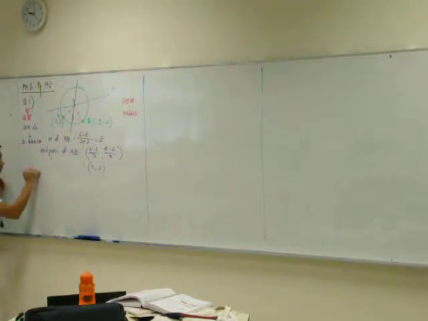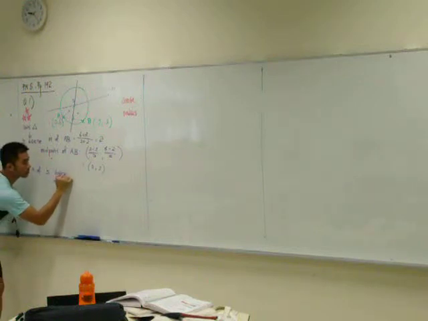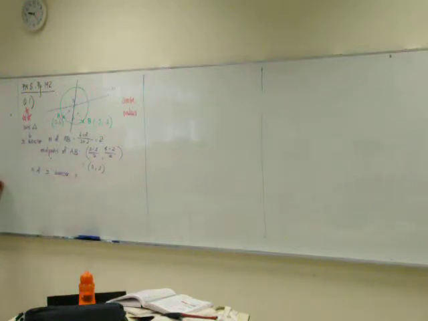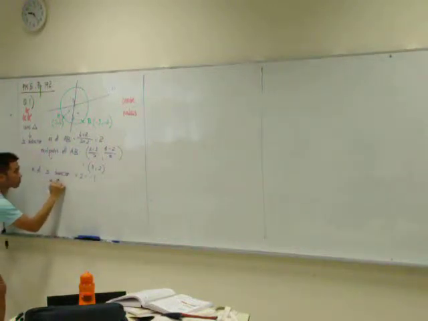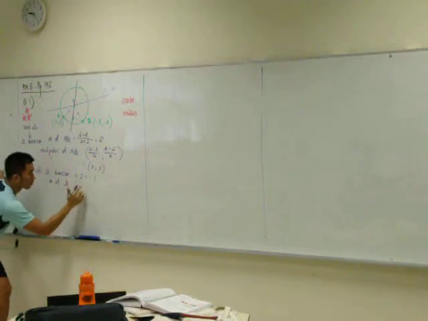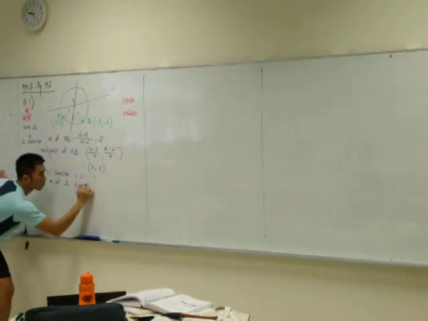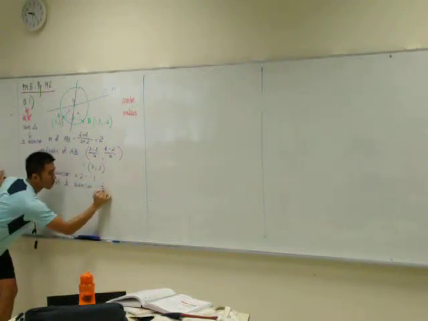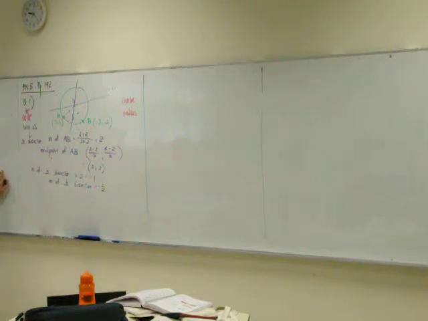I'm going to write this way. Gradient of perpendicular bisector multiplied by the gradient which we found will be equal to -1. Agree? Anyone lost right now? Now, am I able to find the equation of the straight line?